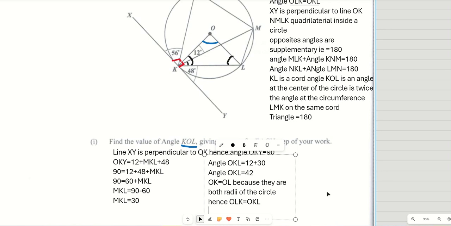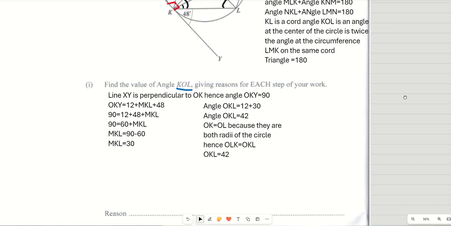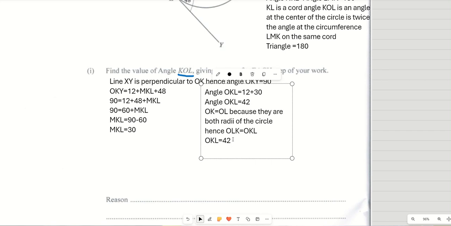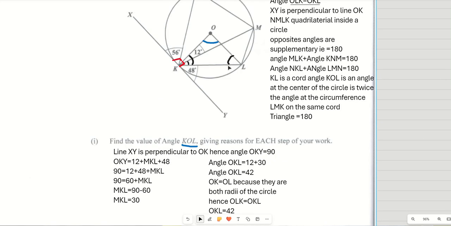Alright, so we can say that because we already know that OKL is equal to 42, therefore OLK is also equal to 42. So we have these two black angles, which are 42 and 42.